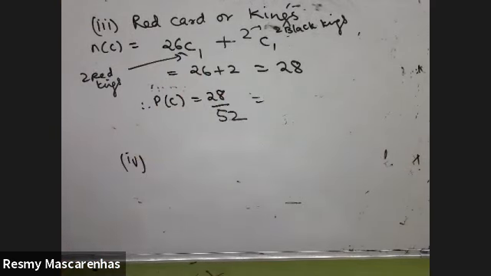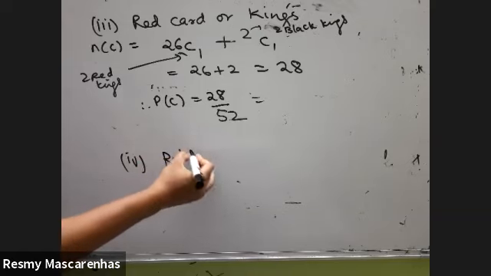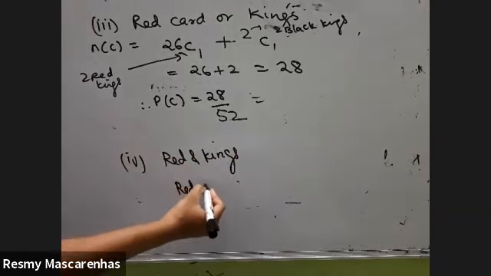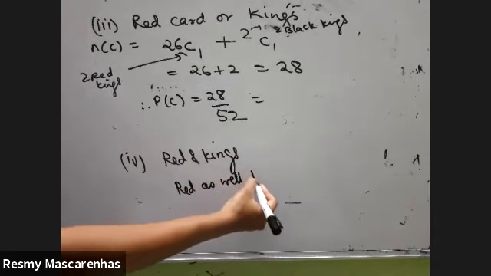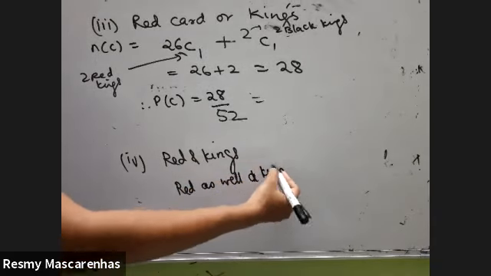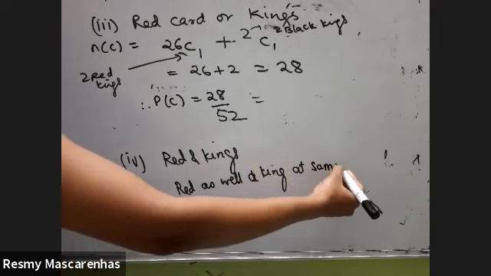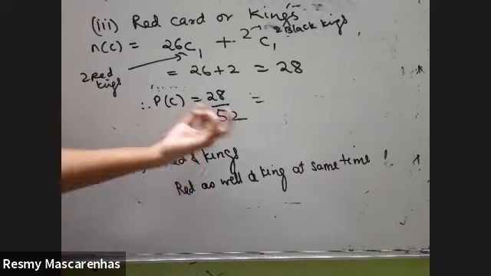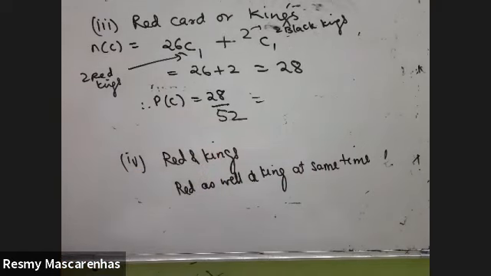Fourth one is red and king. Now it has to be red as well as a king at the same time. And means it has to satisfy both. So which is a red card which is also a king? There are only 2 cards.